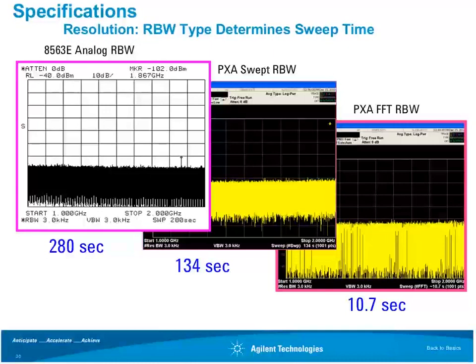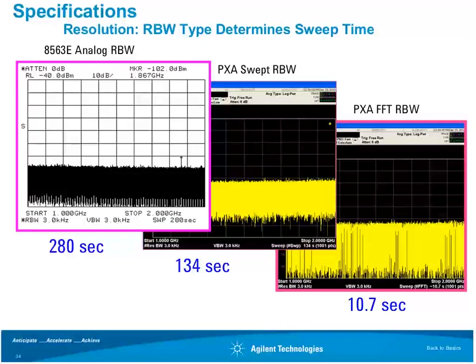So here are some examples of the kind of measurement speeds you might get, say on one of our older analog instruments, the 8563E, for a 1 to 2 gigahertz sweep with a 3 kilohertz filter, it would take 280 seconds.